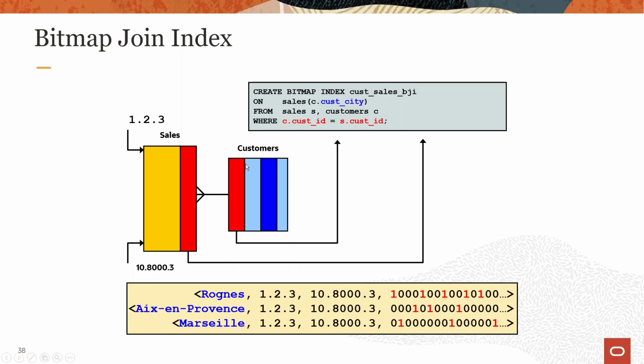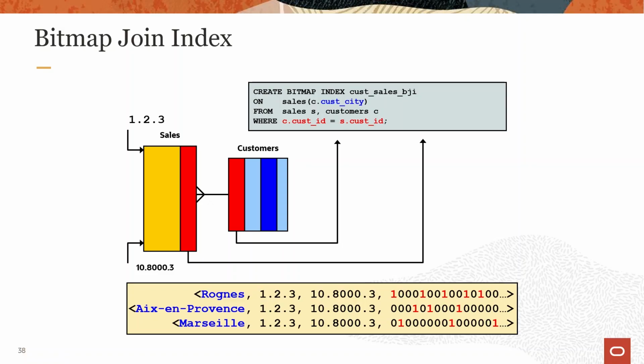As you can see on the slides, you have a sales table and a customers table, and your customers table holds a primary key that is referenced by a foreign key constraint defined inside the sales table. Now, in your create bitmap index statement, the from and the where clause allow the system to make the link between the two tables, representing the join condition between the two tables.